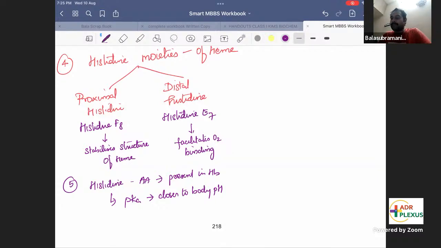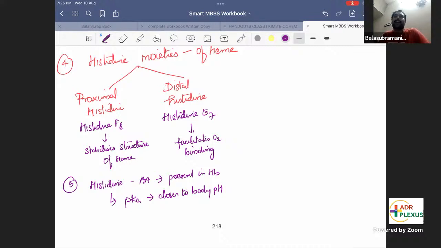Whenever a molecule like histidine has a pKa closer to body pH, the closer the pKa is to the pH, the better the buffer is. The buffer resists changes in the pH. Our body tries to maintain the pH at 7.35 to 7.39; this is the zone at which the body is comfortable.